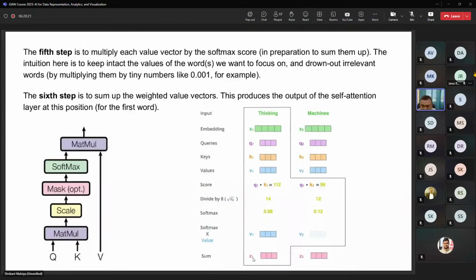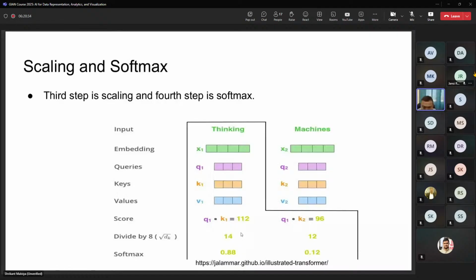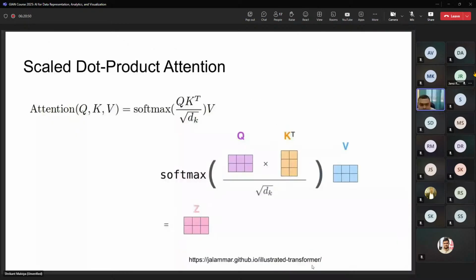After that, both the vectors will be summed up, weighted by the softmax probability, and we'll get at the end the attended representation for the given word. So we started with x1 and got the attended representation z1, and also for the other word, z2. That's how this formula is utilized for the attended representation of the given input in the sequence.